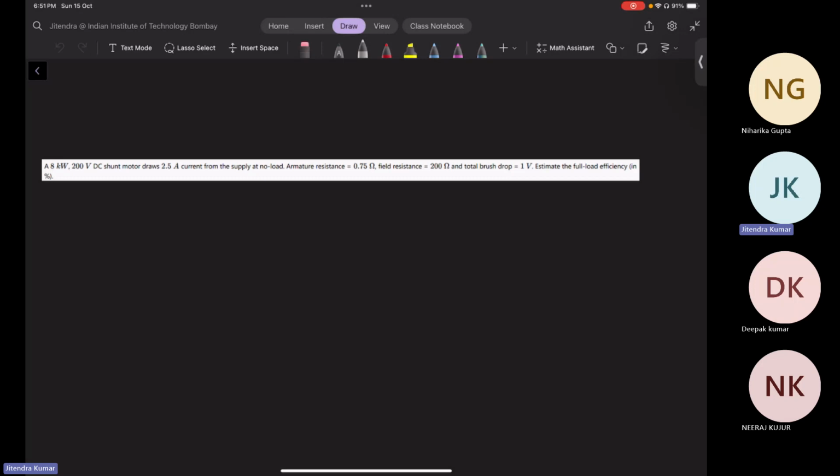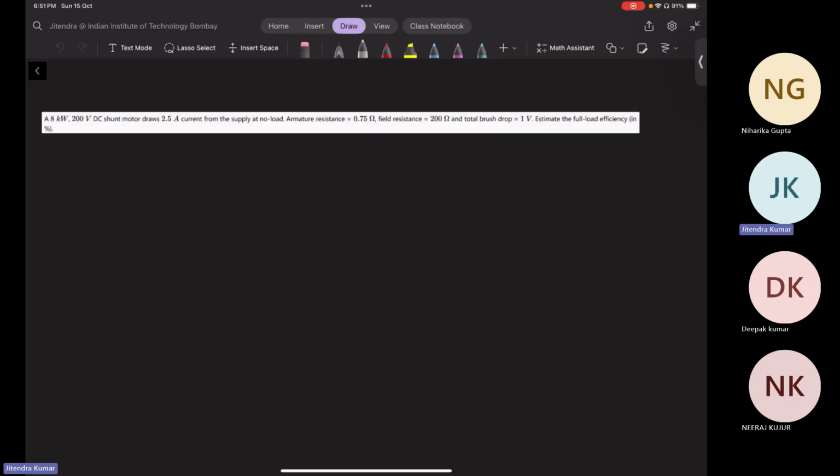This is a DC shunt motor, and no load current is given, right? So let us move ahead with the no load losses.